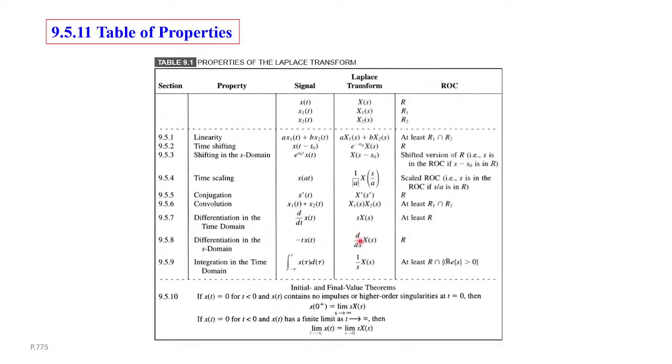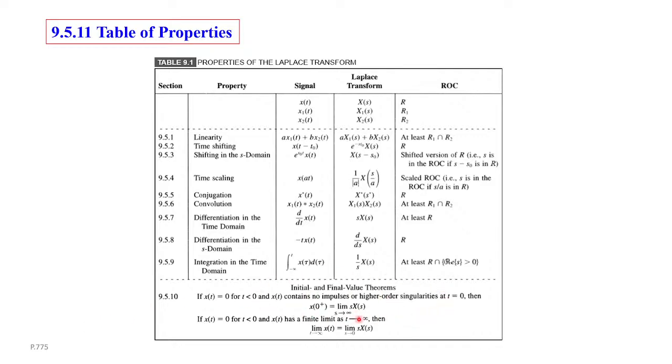Differentiating with respect to s gives you this negative t. When you do integration, there is no extra term, you just get 1 over s, and the ROC will get smaller because you need to take into account the ROC of this 1 over s, which is real part of s bigger than 0.